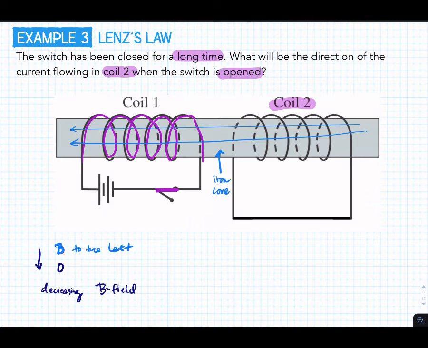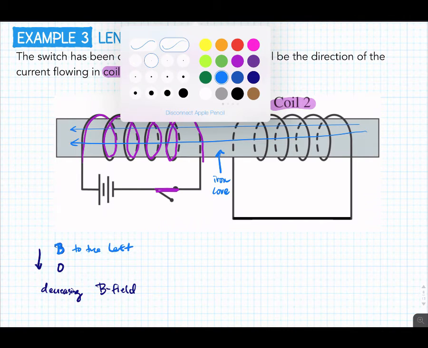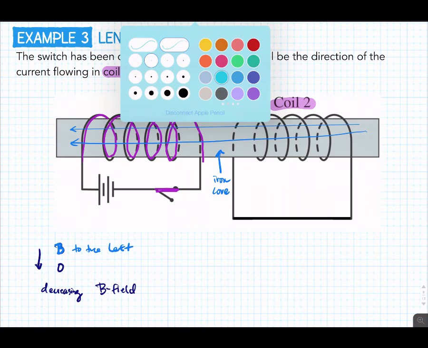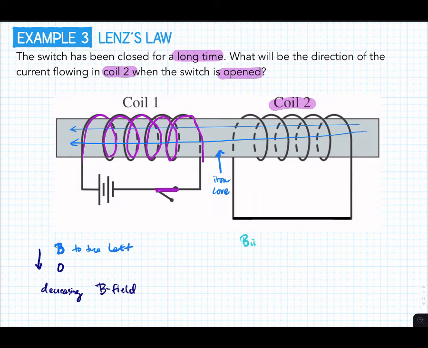Well, that means our induced magnetic field is going to point in the same direction, which means we use this B for our thumb to curl our fingers in the direction we think the current's going to go.